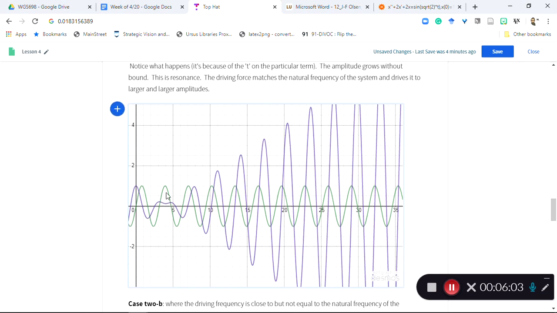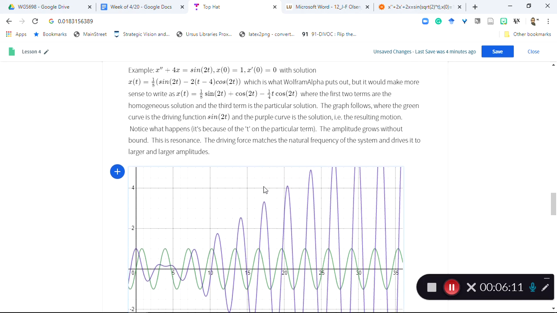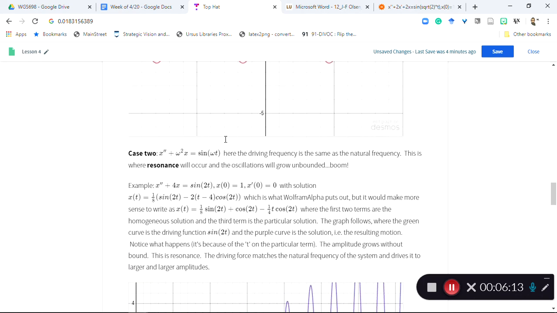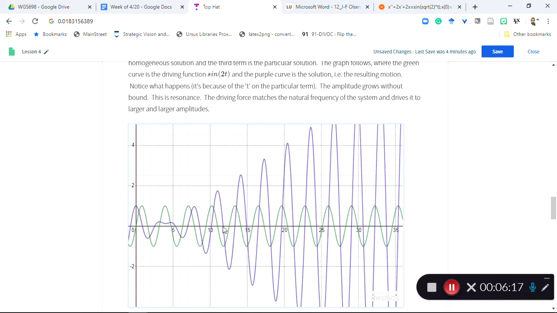There's some initial funny business in the beginning, but the driving force, which is the sine function, is not very large, right? It's sort of 1 unit per time, but it's big enough, because it's at the same frequency, to drive this purple response larger and larger and larger, right?